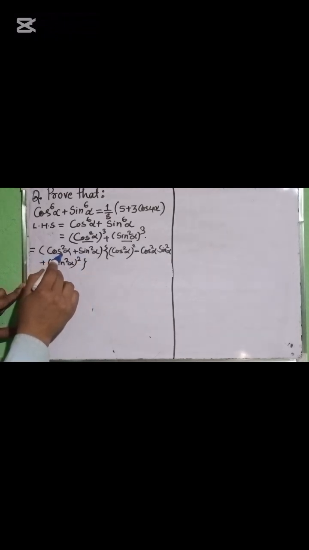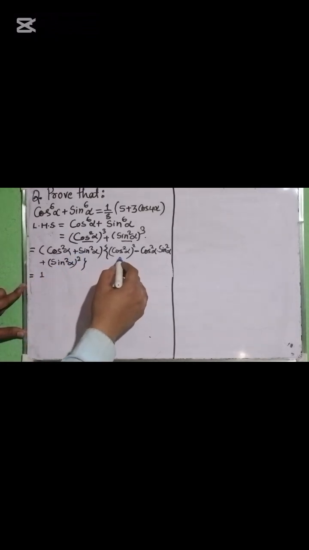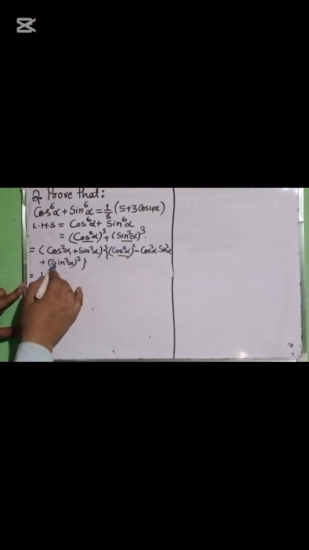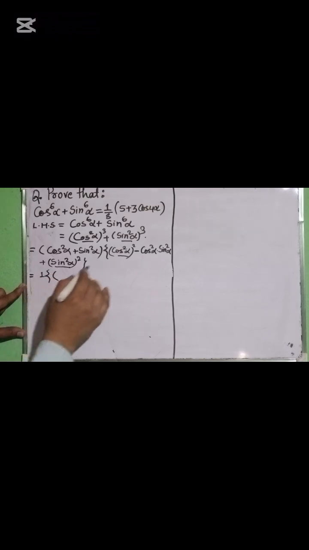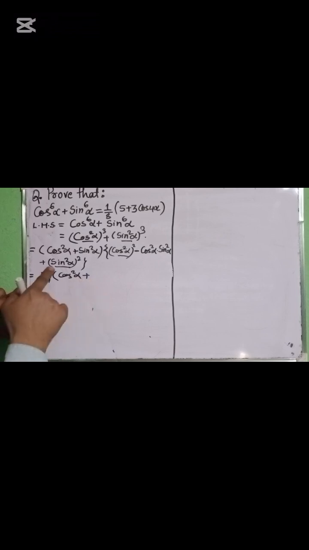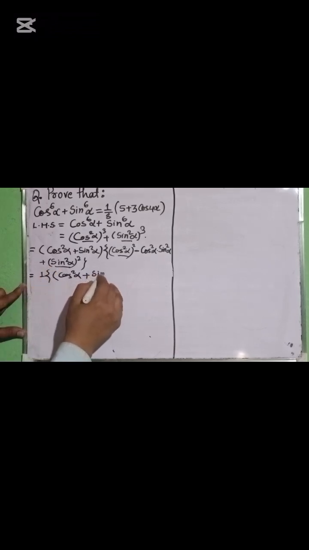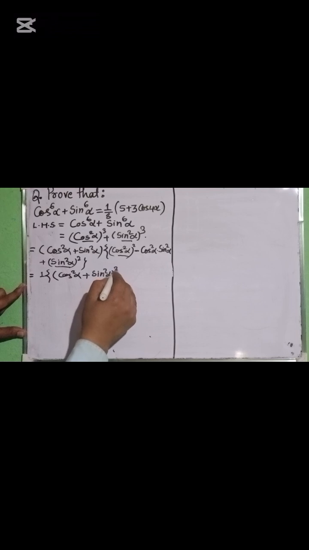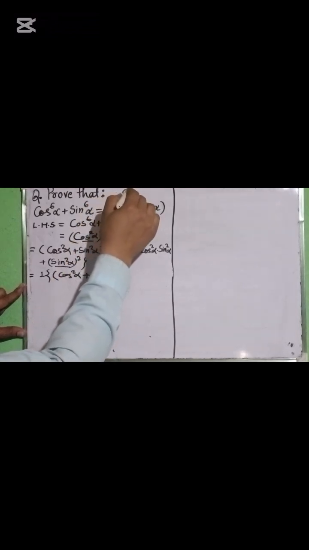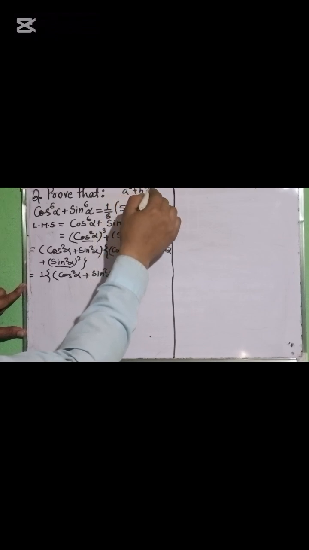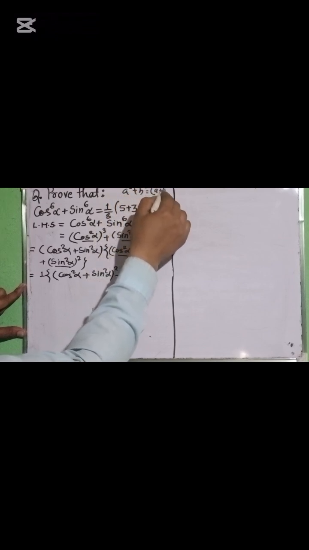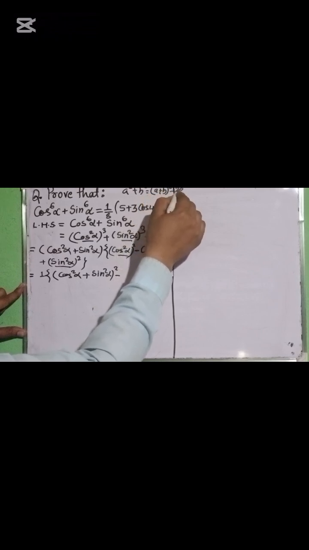Then as we know that cos square alpha plus sine square alpha means 1, we can write 1. Now this is a square plus b square, and we have the formula: a square plus b square equals a plus b whole square minus 2ab.